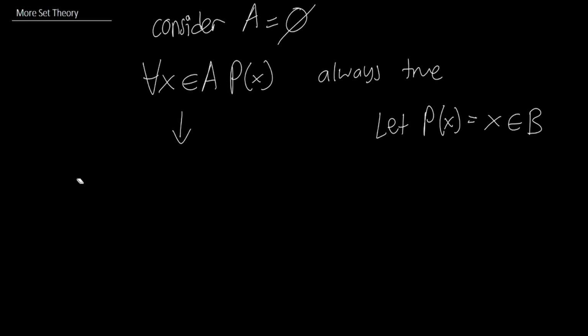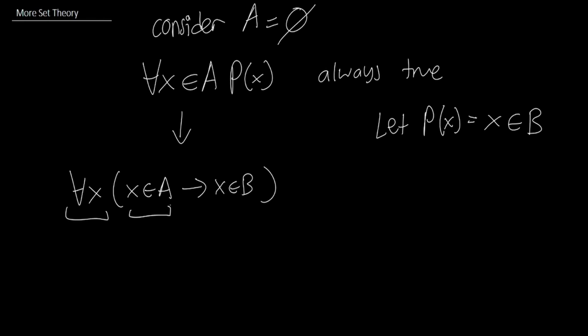So remember, we can write this like this guy over here. And since p of x is just x being an element of B, we can say that for all x values, if x is in A, then x is also in B. Now this is exactly the definition of a subset, and this means that A is a subset of B. And turns out this is always true.